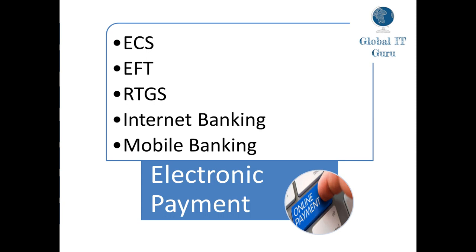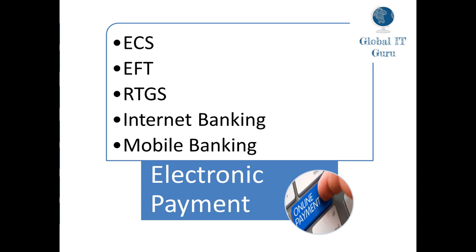Movement of funds electronically from one account to another account over a computerized network is known as EFT, electronic funds transfer. Common examples are wire transfer, NEFT, UPI, IMPS, and ACH.